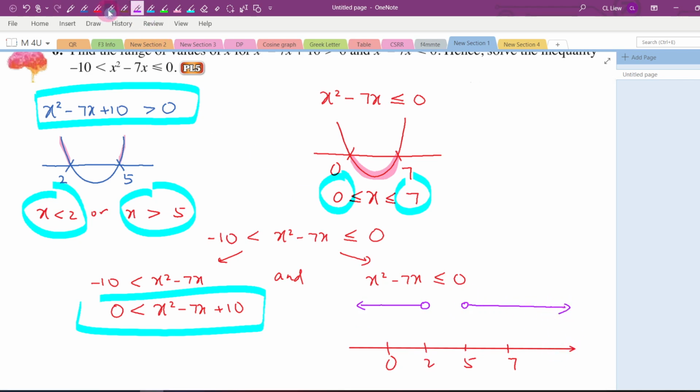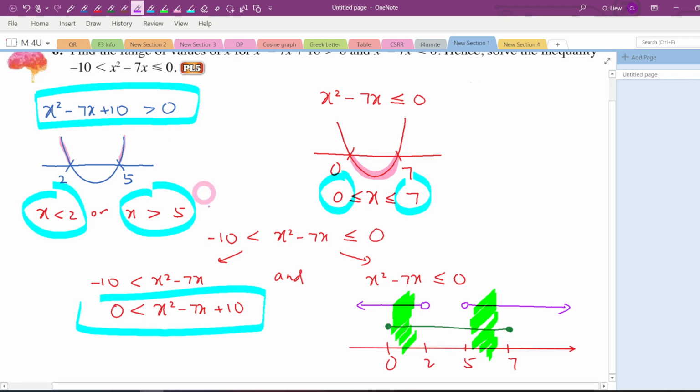Now, this part: x is greater than or equal to 0, less than or equal to 7, so 0 and 7 are included. Now we look for the common region. So the common region will be here and here.